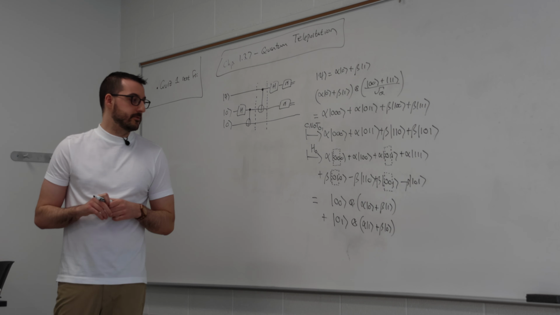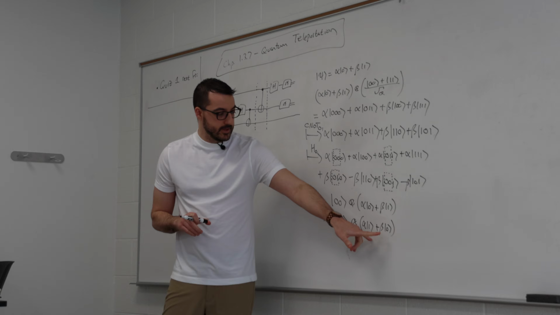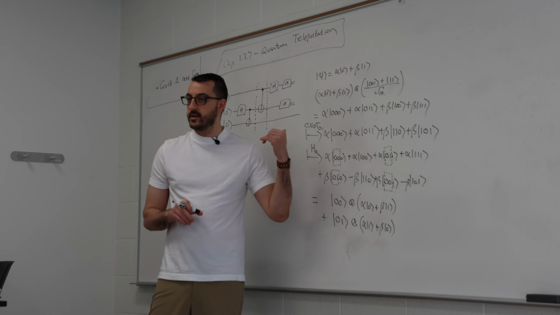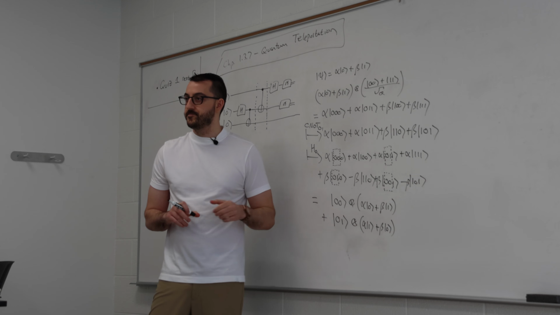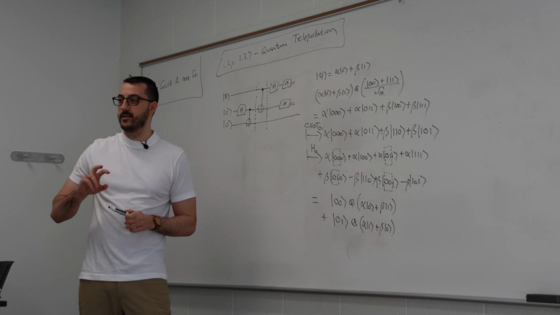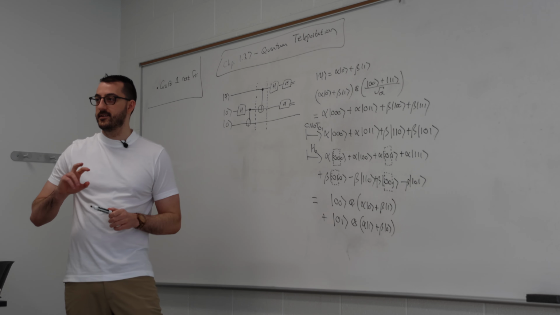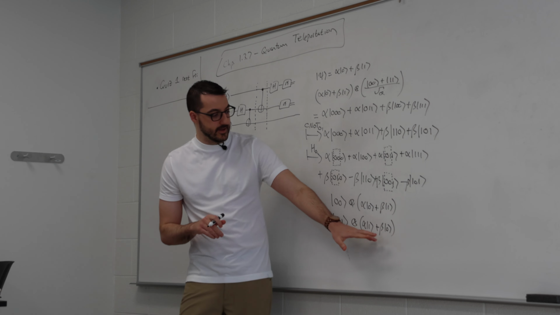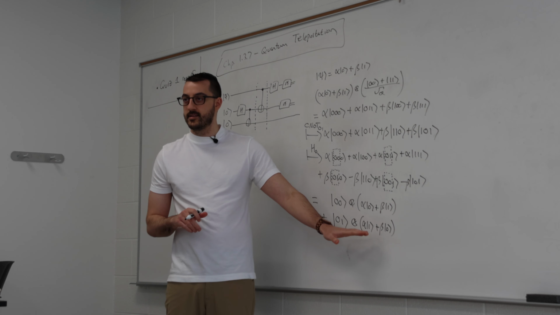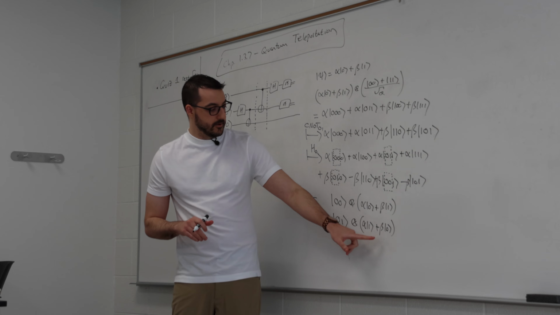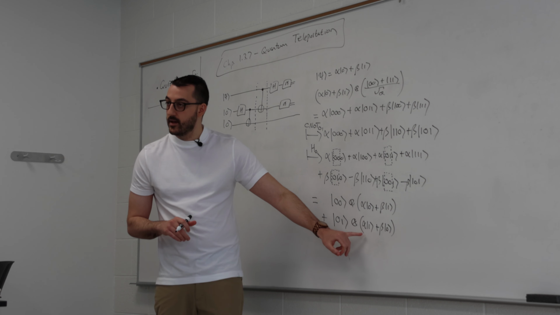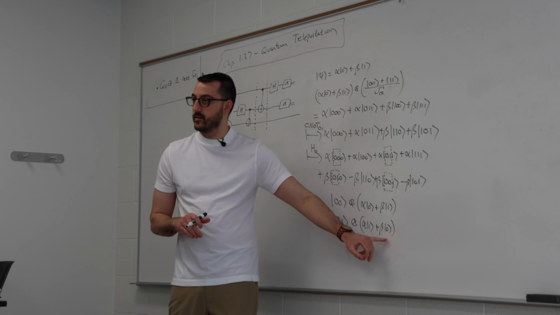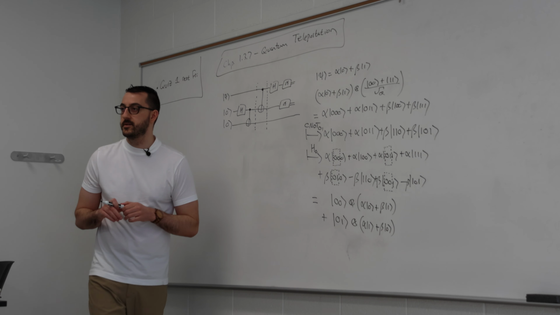There is a certain operation that maps this state to the initial state. Who could tell me what that operation is? Pauli X. I need to flip the bits, and I know that Pauli X is the operation that does that. So if I applied X to this state, then I would get alpha 0 plus beta 1. That's the initial state that we started with.